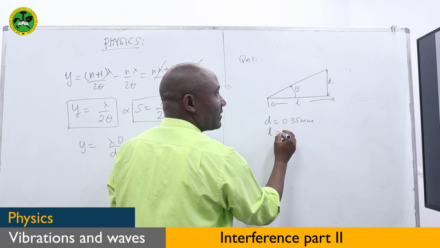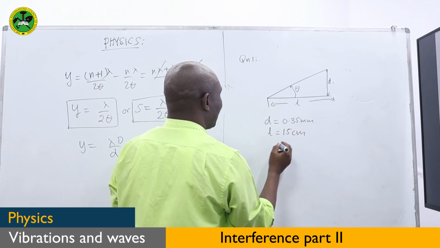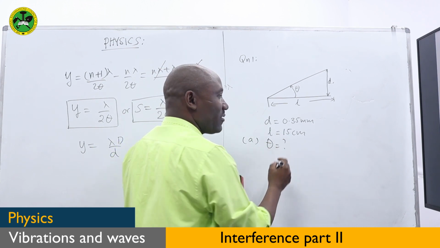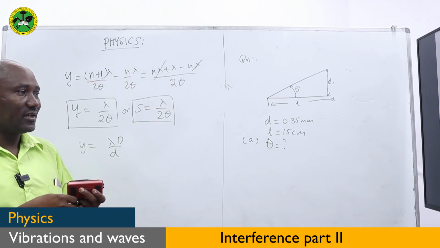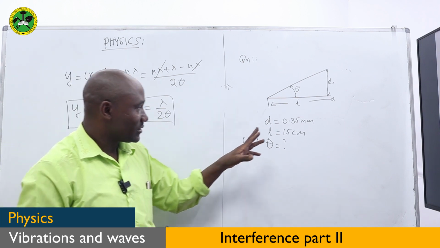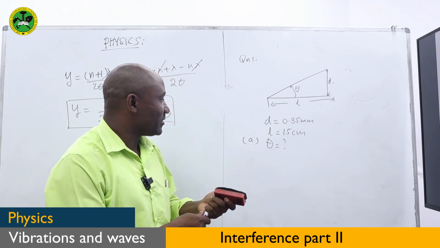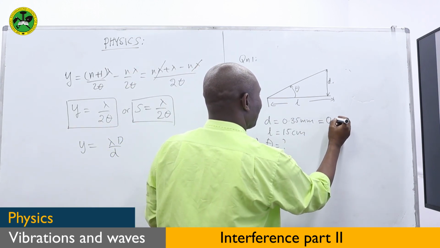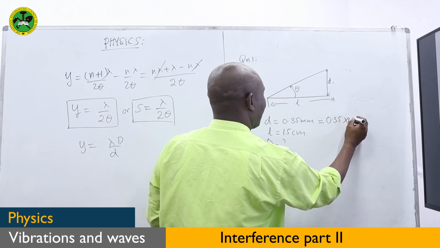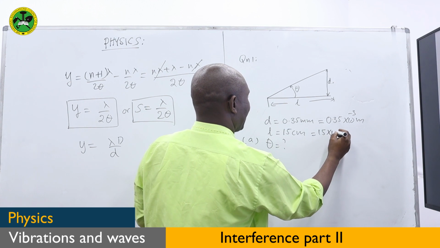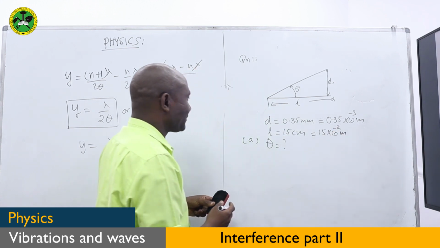Our length is given as 15 centimeter. You are looking for the angle between the plates, which is the angle of the wedge. That angle should be in radian. You are supposed to convert these units so that they have the same SI unit, which will be 0.35 times 10 negative 3 meter, and this is 15 times 10 negative 2 meter.